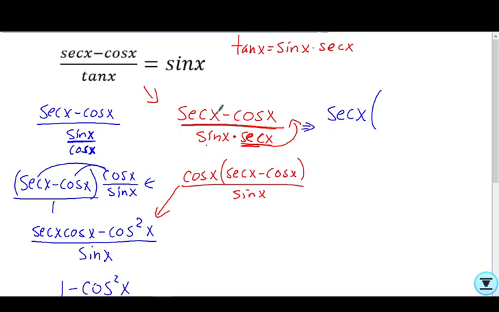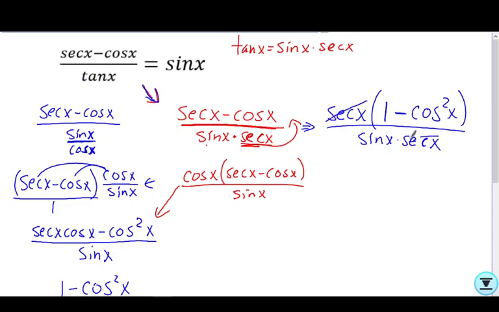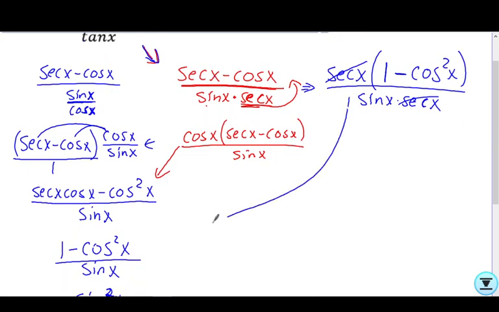And when I force factor this, secant divided by secant is 1, minus cosine divided by secant, which is cosine squared, over sine times secant x. And so you go to here, changing sine divided by secant, and then secant divides out with secant, which basically gets you all the way down to this step right here.